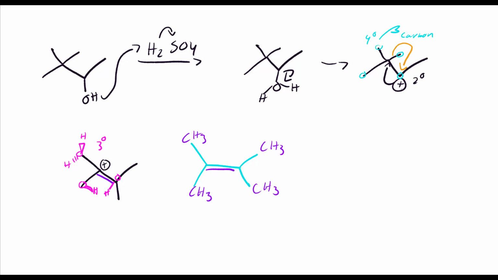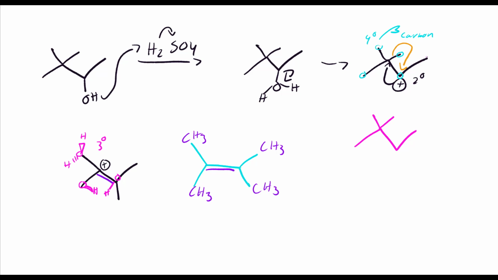What if we didn't move the methyl? What if we just kept it like this? Well, then you would have something like this right here. There's one hydrogen right there, and there are no hydrogens over here, right? So the beta one is gone. We can't use the hydrogen right here because you would still get another carbocation, which is not good.